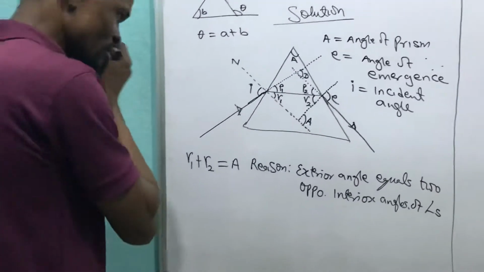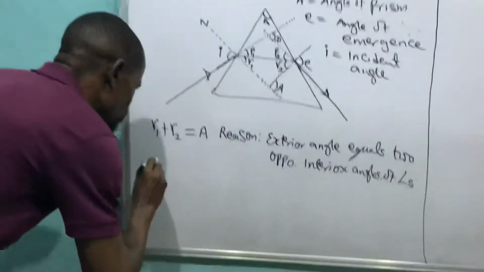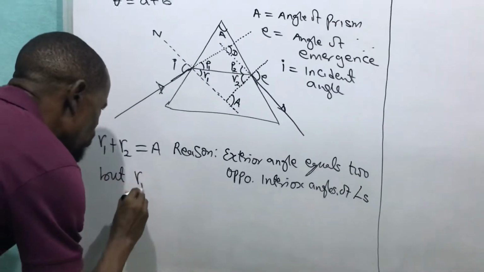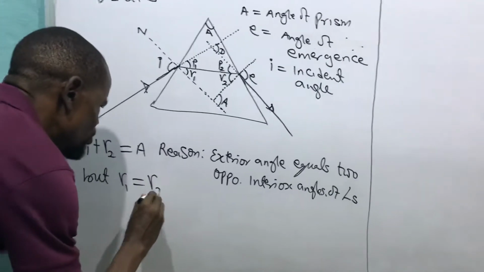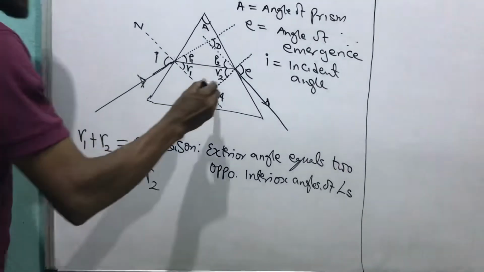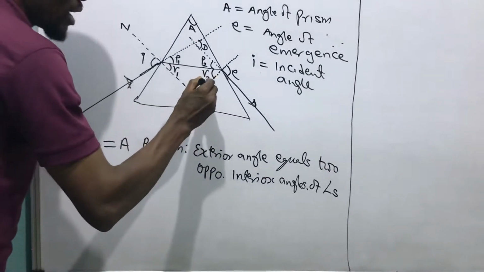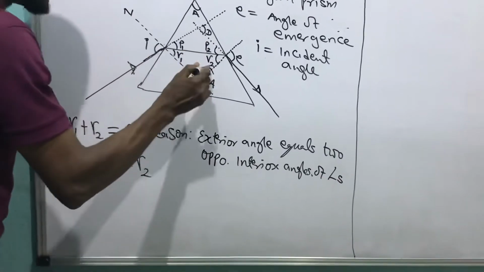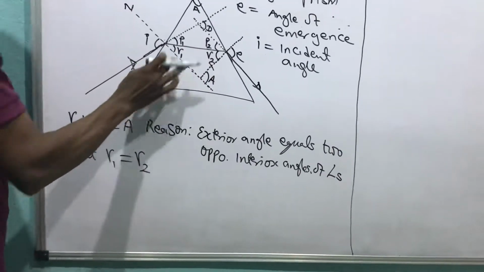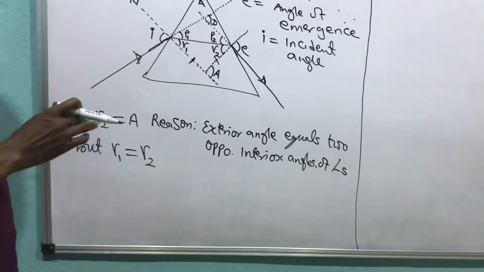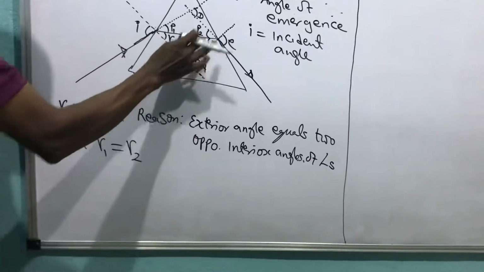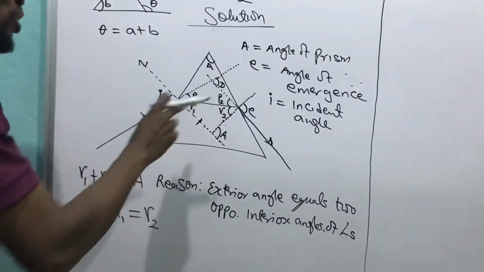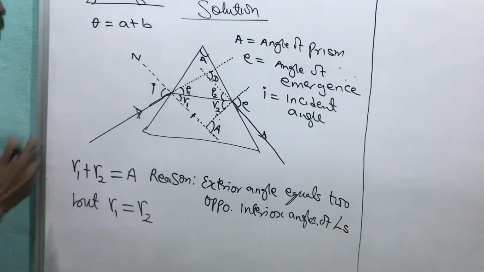Then I can say that R1 is equal to R2. Reason: this triangle is an isosceles triangle. This side and this side are equal. Therefore, the base angles are equal.